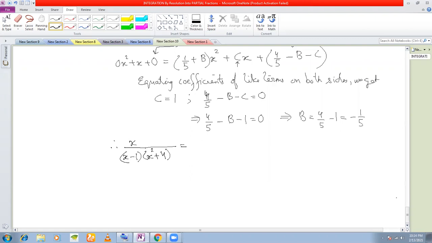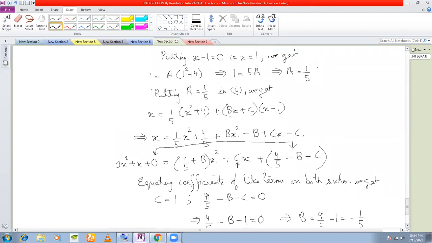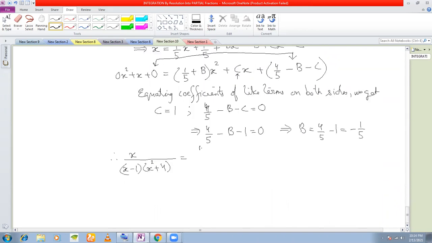What is the value of a that we have found here? We have found the value of a to be 1 by 5. So we'll put it here, 1 by 5 by x minus 1, right? And bx plus c in the numerator, where b is minus 1 by 5, so bx plus c, put it in brackets, divided by x square plus 4, right?